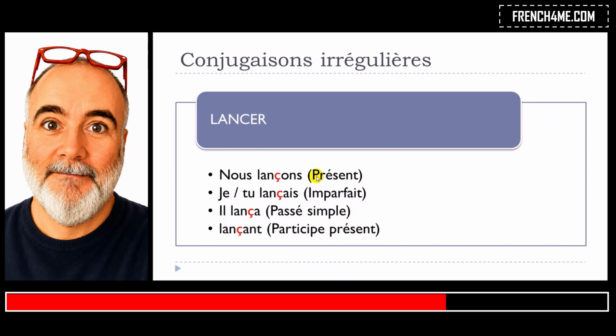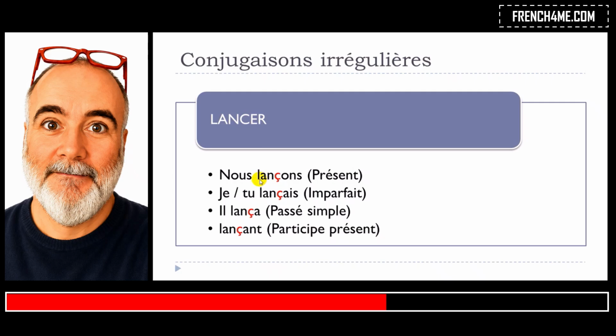When we're talking about le présent, the only form that will be modified will be the nous form. If you take one minute to think about that, normally if we would respect the rule for the regular verbs, we should write the verb like L-A-N-C, without the cédille, and then ONS.